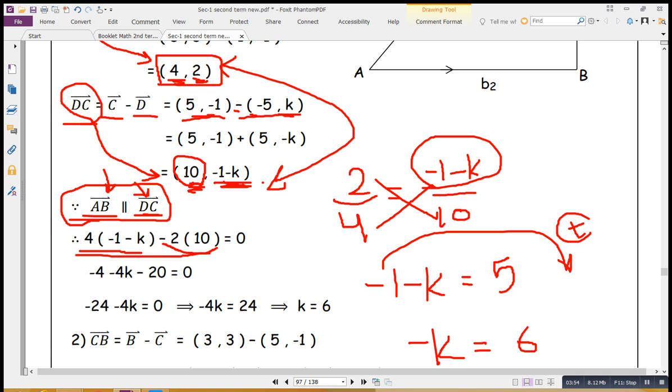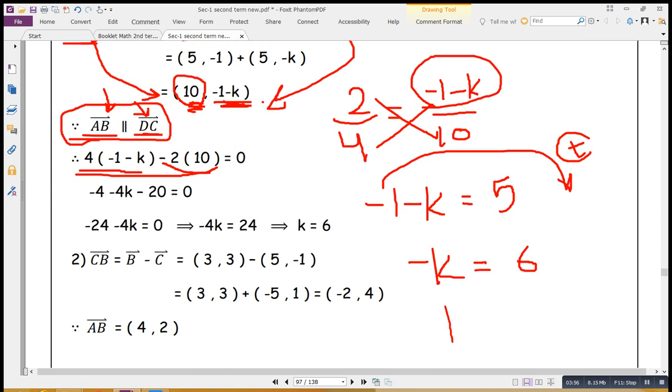The negative goes to the other side, so K equals -6. So the value of K here is -6, not 6.